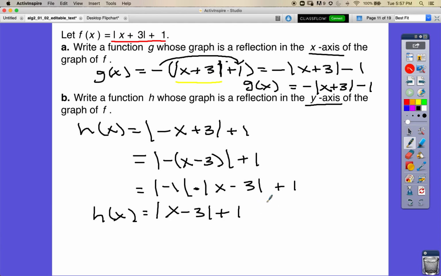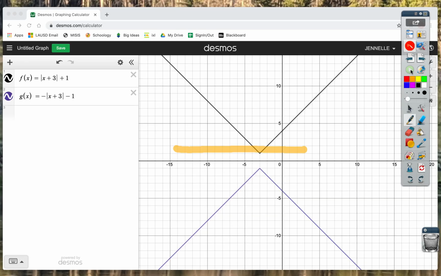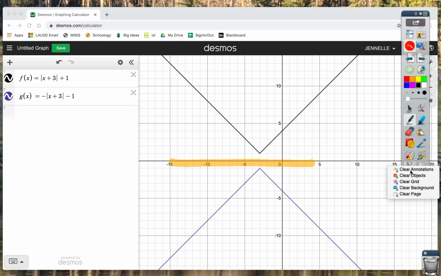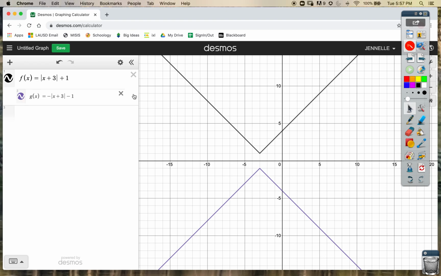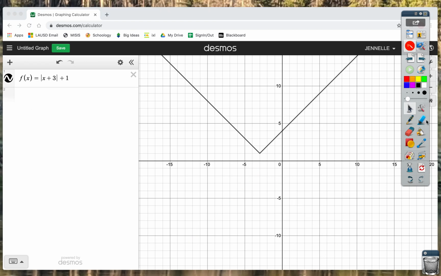Okay, hard to know if you got this right. That's why we're going to do it in Desmos. It has to be a reflection over the y. So let's pop over there to Desmos. I'm going to clear my screen here. Here's my original. Okay, now it's over the y-axis. I'm going to just draw it here so you guys can see this. It needs to reflect over this. So pretend that that's your fold line. And let's put our new equation in, and we're going to check it mathematically.